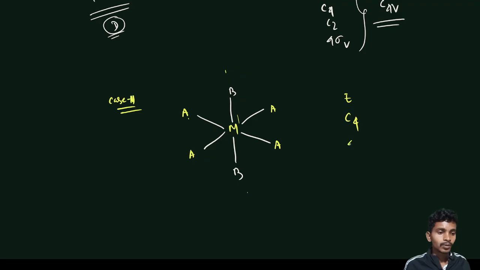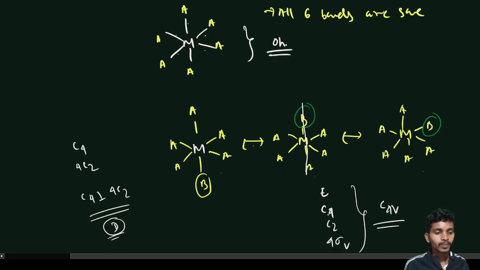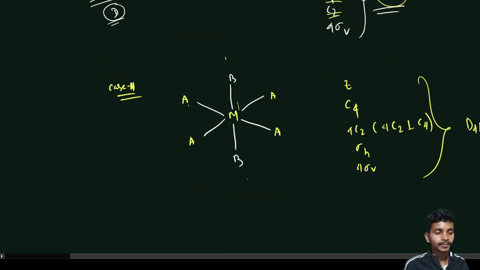So this is present now, and here we can say that sigma h is also present and sigma v is also present. So in this case this again lies in the C4h point group, but since the C2 axis is not perpendicular to C4, D is not present, only C4h is present.